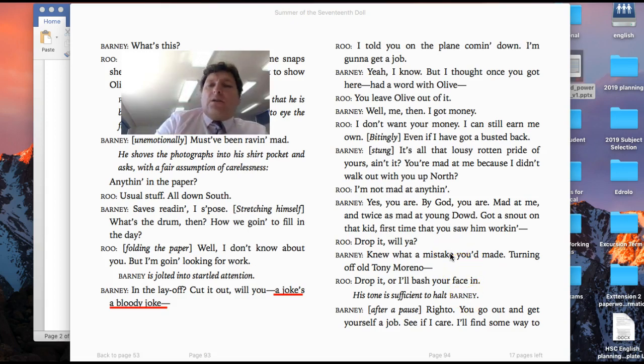This harsh, brutal, violent, aggressive language between the two of them, bitingly stung, is the way that Lawler wants them to speak, and is very much the crux of how this play works. They're in a state of tension constantly because of the unspoken, because of the elephant in the room.